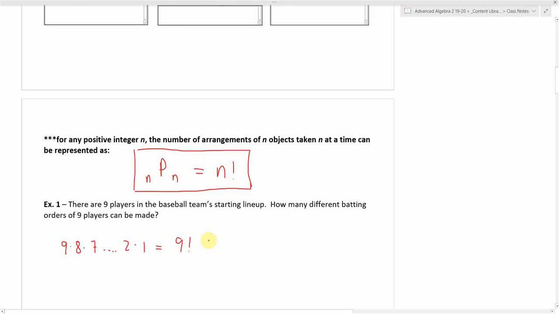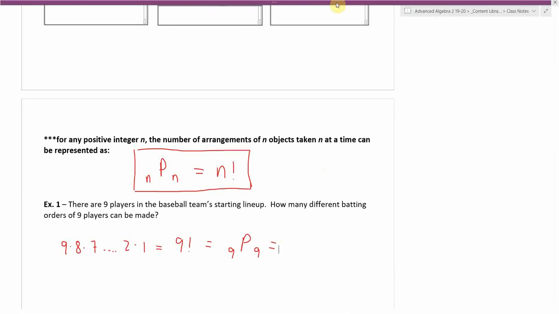We also could have thought of it as we have 9 players. We're going to arrange them. Big P means permutations or arrangements. We've got 9 players, we're going to arrange all 9 of them in particular orders, and we get 362,000 or something like that. Let's go ahead and do it in our calculator to see.